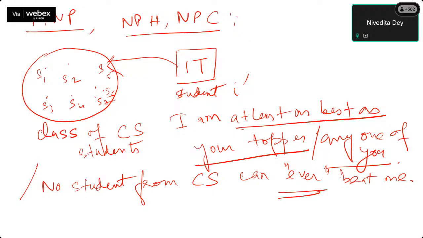At least means even if you pick the best student of computer science, he or she will be less than or at par with the IT student. If this is true, then the IT student will be called an NP-hard problem.